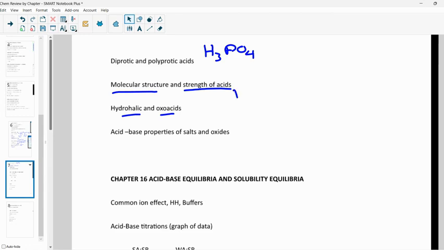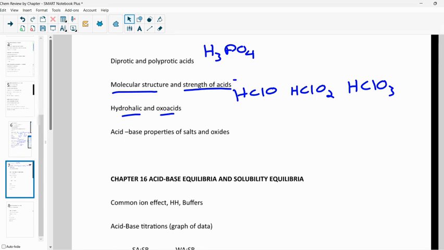This is the idea. Like we might have HClO, HClO2, HClO3. Here, which one of these would be the acid with the highest Ka, the strongest acid? This is where we look at, here these are oxoacids.